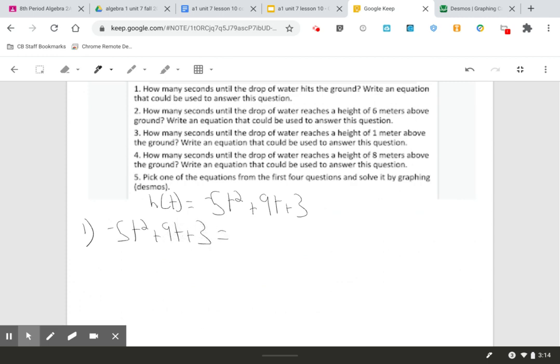What do I have to set it equal to if I want to know how long? Again, t stands for time in this case. Think of t like x. But if I want to know how long it takes for the water to hit the ground, well, think about it. What is the height at ground level? The height is 0. So I need to set it equal to 0.